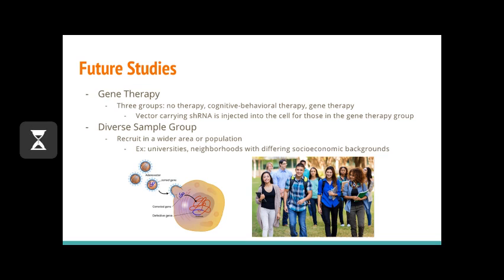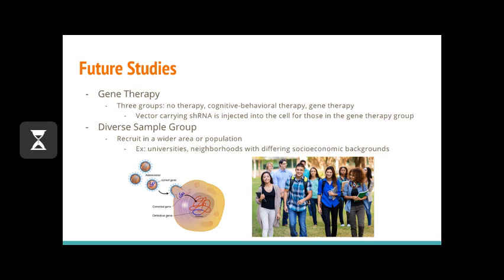A lot of people who are affected by alcoholism are within the age range of 18 to 24 years old. And so we think it'd be important to recruit at a university, especially a university that seems to have a diverse demographic, and then also within neighborhoods with different socioeconomic backgrounds, and not just in white rich neighborhoods.